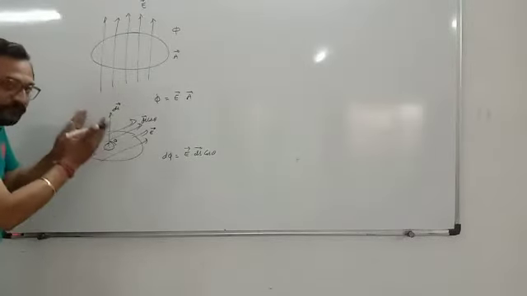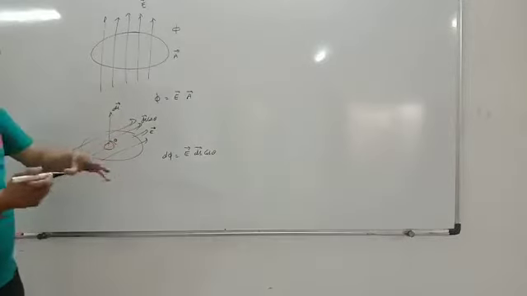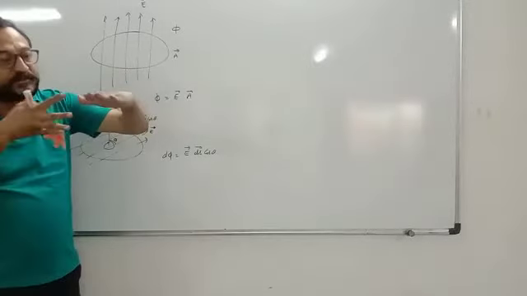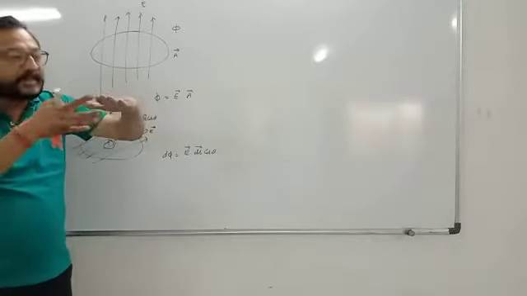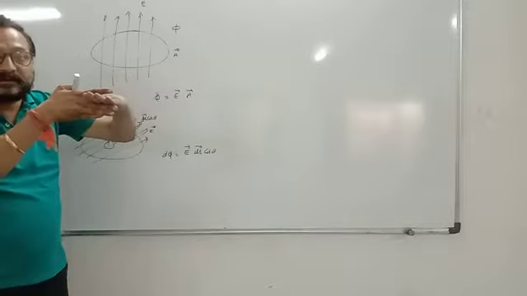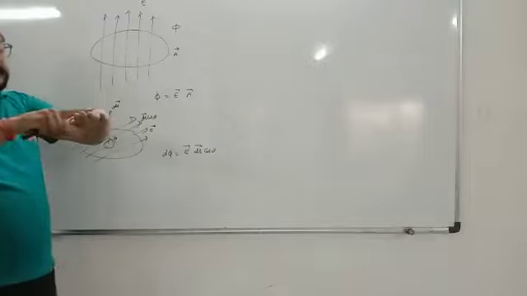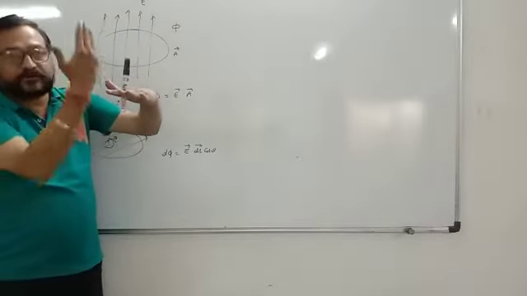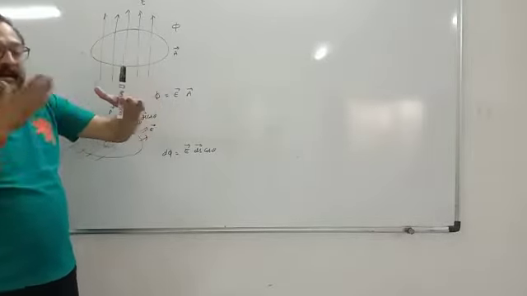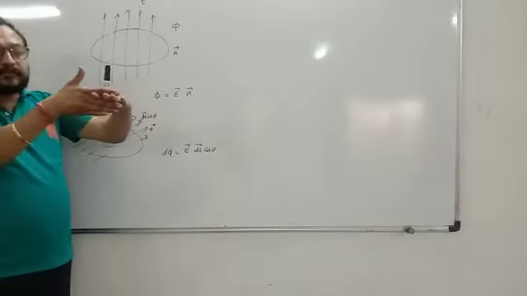When the lines of force pass in this way, that means parallel to the surface, the angle component is important. This is the surface and that's the direction of the surface ds, and this is the direction of the field.